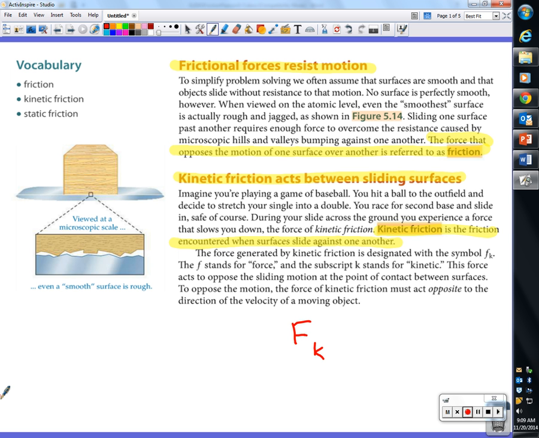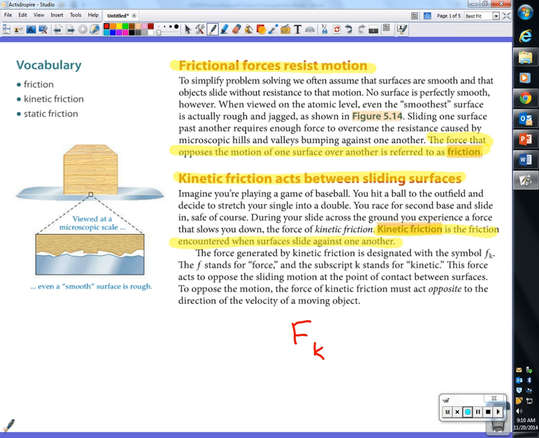We're not going to get real deep into this, but even on two surfaces like this table and that book that we consider to be smooth surfaces, okay? If you look at them down at the microscopic level or even down at the atomic level, they are not smooth surfaces. There's a lot of inconsistencies, there's a lot of jaggedness there. And those inconsistencies, those irregularities, that jaggedness, when those interact between the two surfaces, that's where that frictional force comes from.